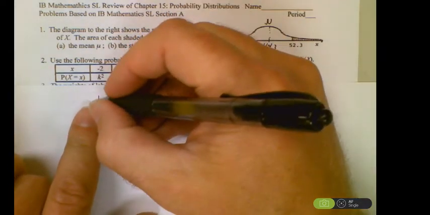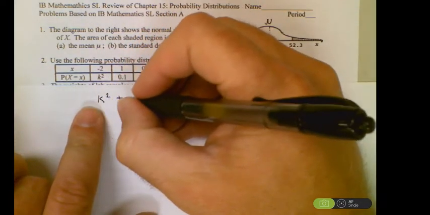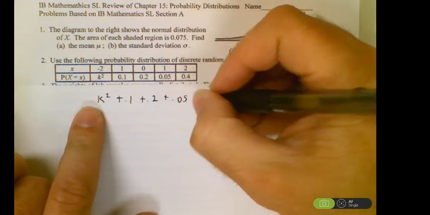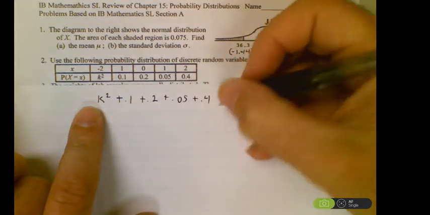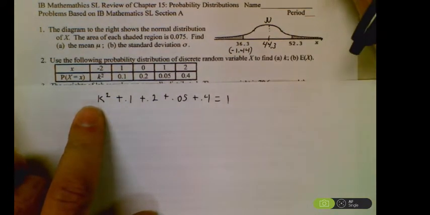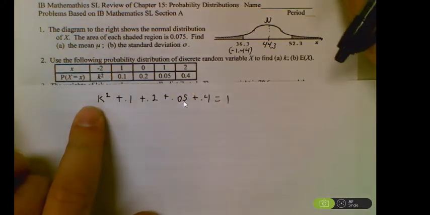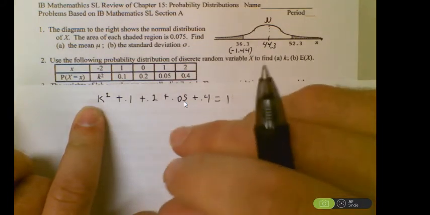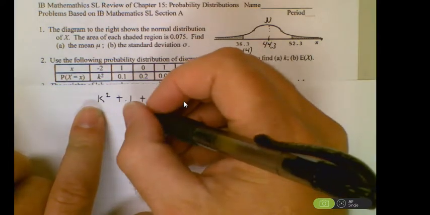So I know that k squared plus 0.1 plus 0.2 plus 0.05 plus 0.4 must all add up to 1. That's just the bottom row, your probabilities, so they always have to add up to 100%. So if we solve that and clean that up, we're going to come out at the end, we're seeing that k squared equals 0.25.